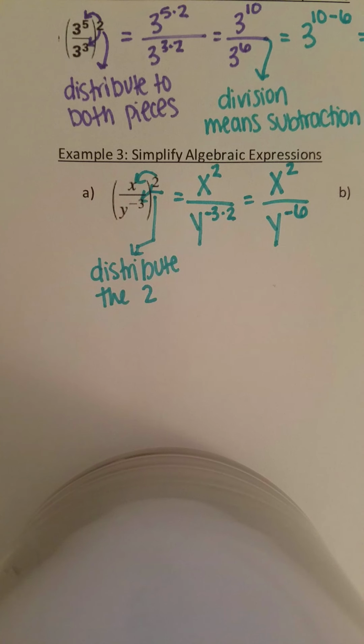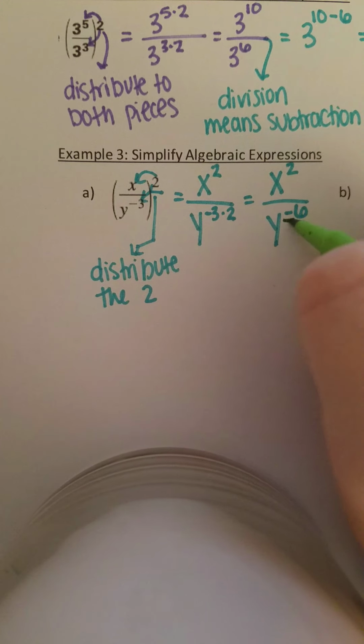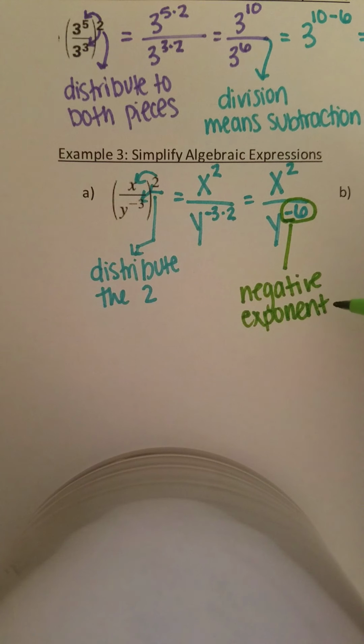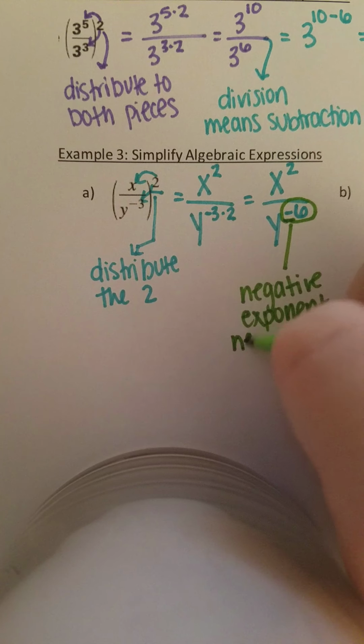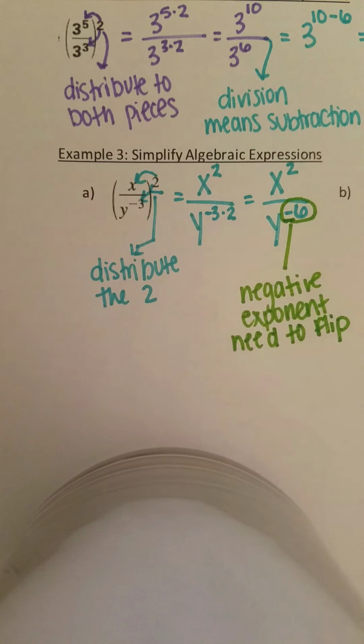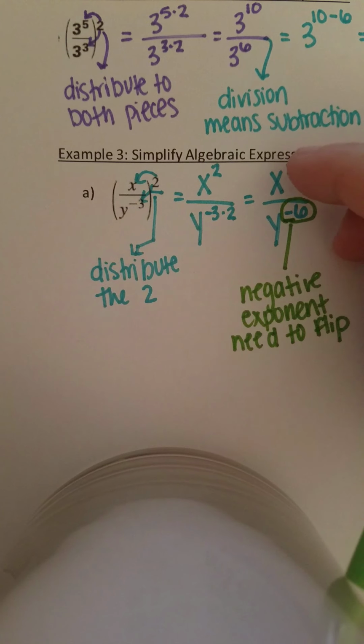Now we cannot leave our answer like this. This is a big no-no because we have this negative exponent right here. Because we have a negative exponent, we need to flip. Now, it does not mean that you just take this fraction and flip it upside down.